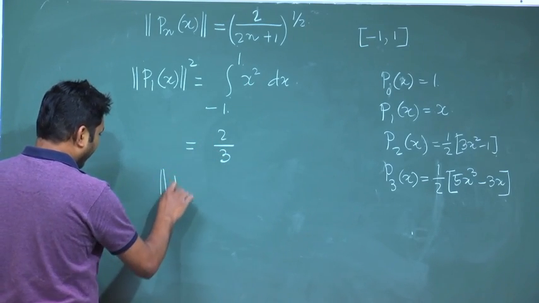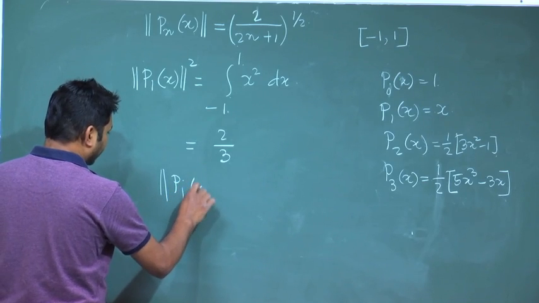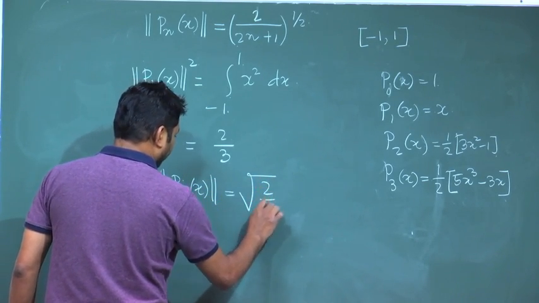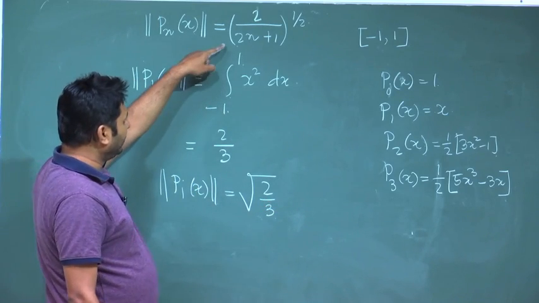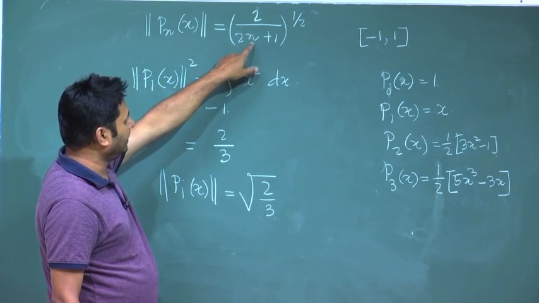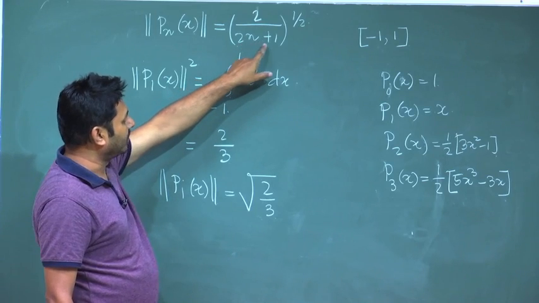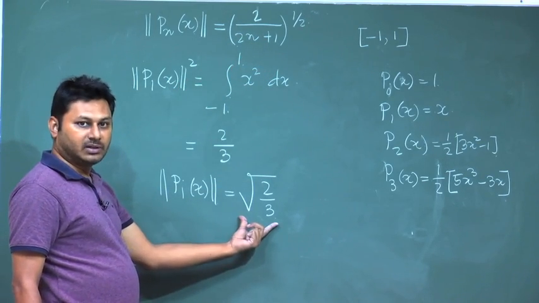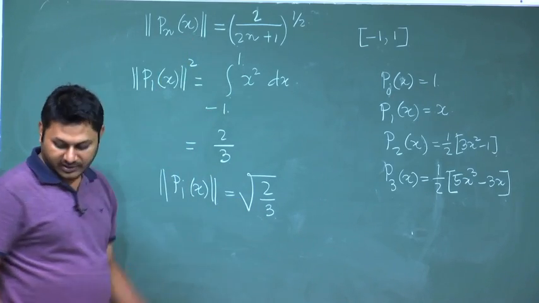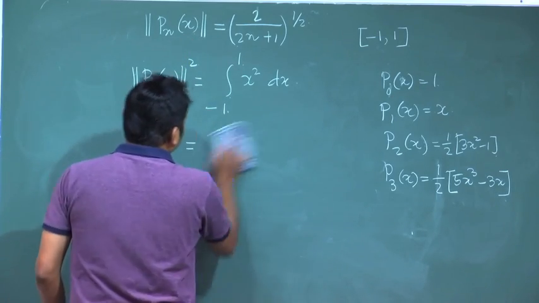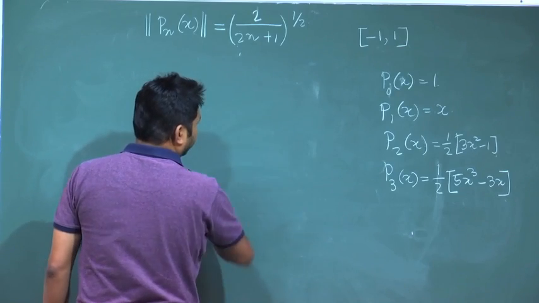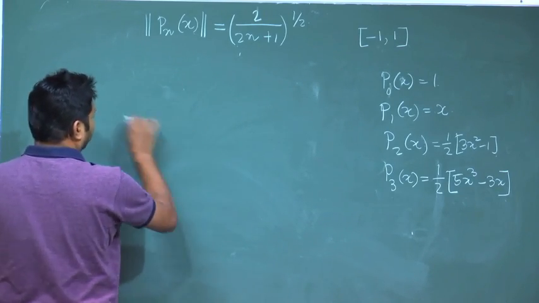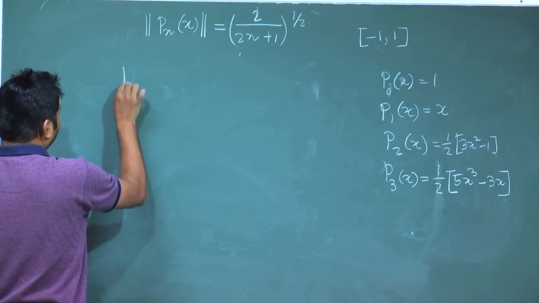So, my norm of P1 x seems to be root over of 2 by 3. Let us try to use this formula. If I put n equal to 1, then it will be 2 divided by 2 plus 1, that is 3. So, 2 divided by 3 whole to the power half. So far the formula is matching. So, finally, we will check for P2 and then we conclude.